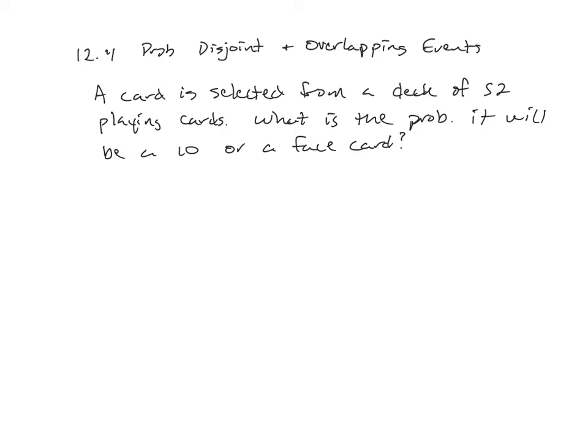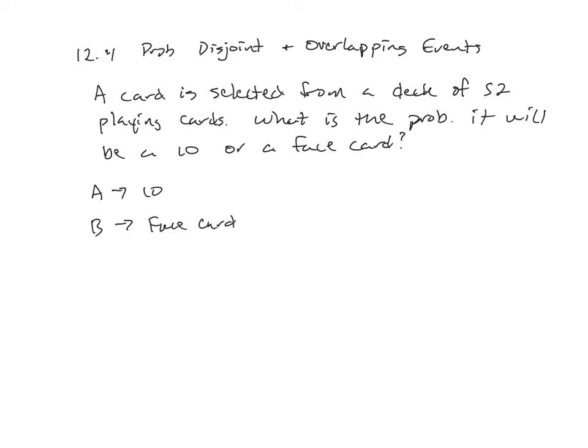Okay, so we have two different, one card's going to get picked, but we have two different situations. So we'd have the A situation, which would be the 10, and the B situation, which would be a face card.